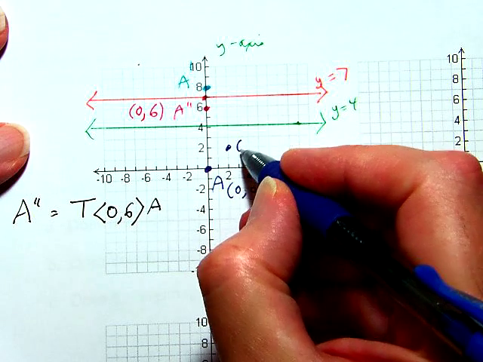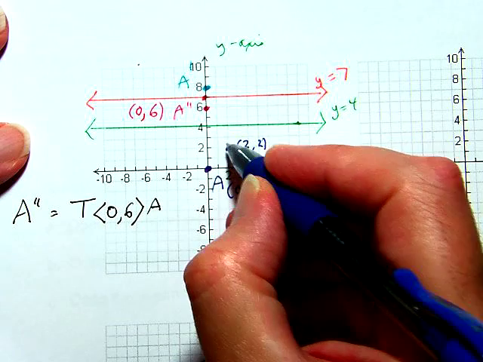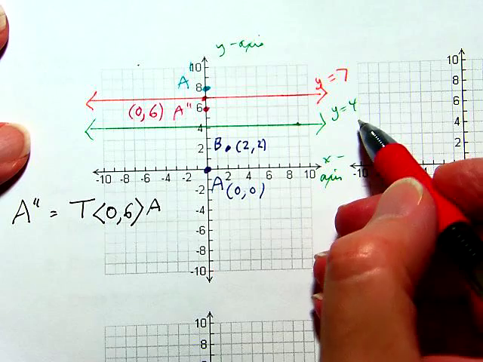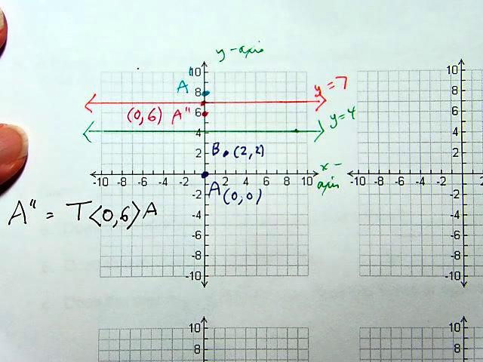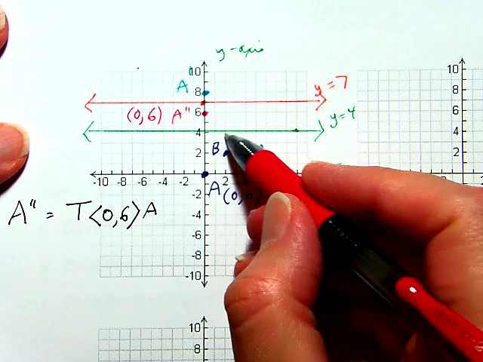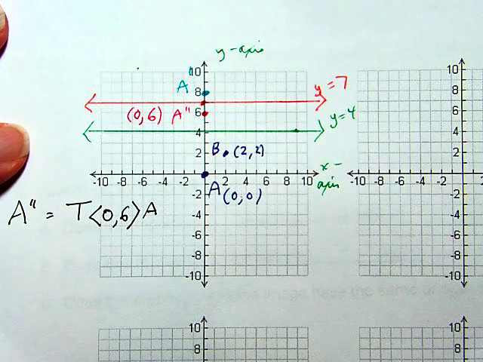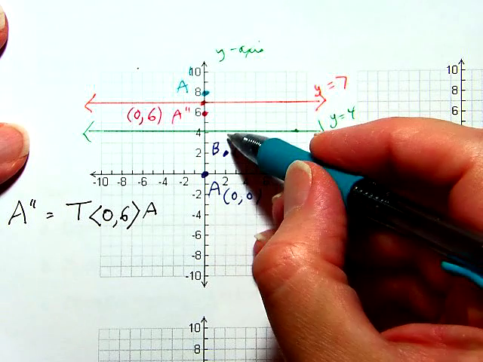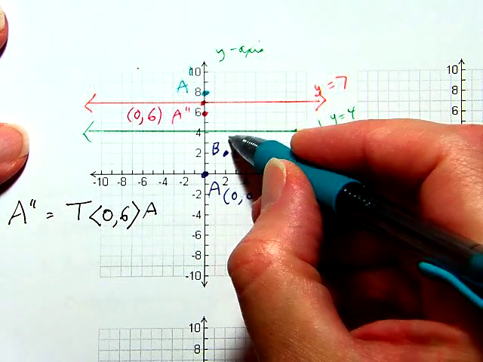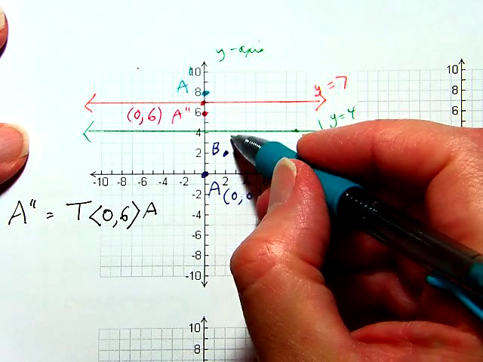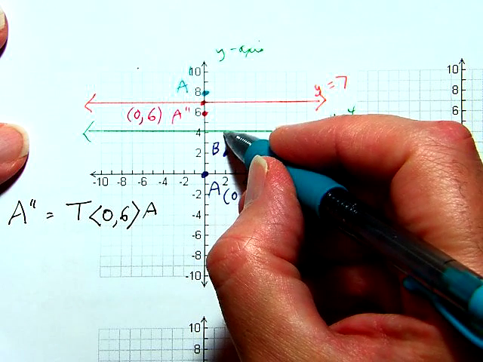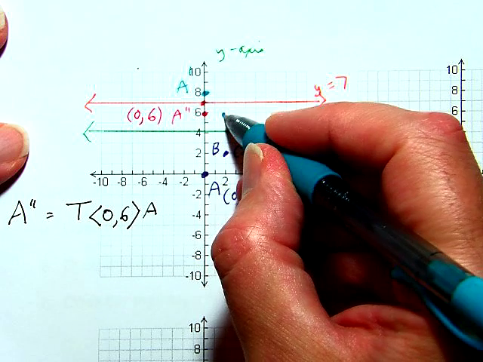Let's call this point B. Now let's reflect that point over the first line, y equals 4. This point is 2 below y equals 4, so the reflection is going to be 2 above y equals 4. So we go 1, 2, and 1, 2. So this becomes B prime.